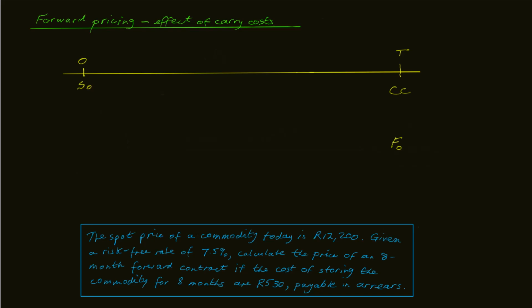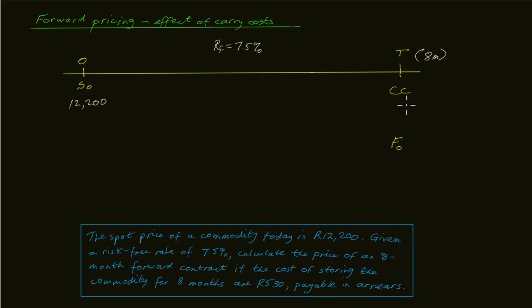Let us fill in what we know about the situation on the timeline. We have a spot price for the commodity of 12,200 Rand today. We have a risk-free rate of 7.5%. The duration of this particular contract is 8 months, so capital T is 8 months away from T0.